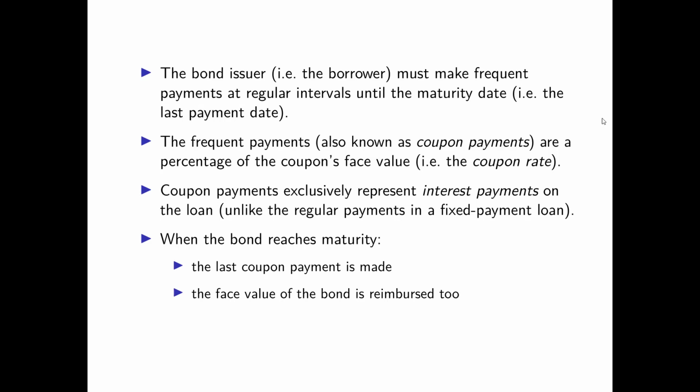And when the bond reaches maturity, there are two last payments to be made. You have the last coupon payment, and then you also have the face value of the bond that is reimbursed fully. This is when the principal is actually reimbursed. That's when the bond reaches maturity.